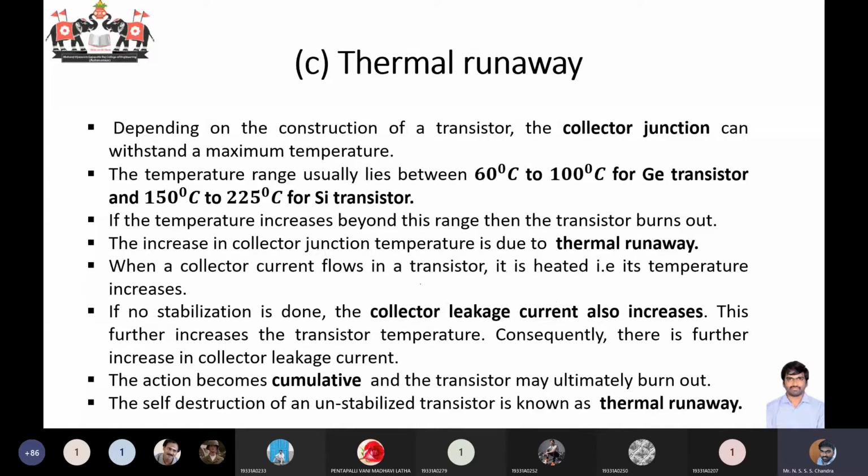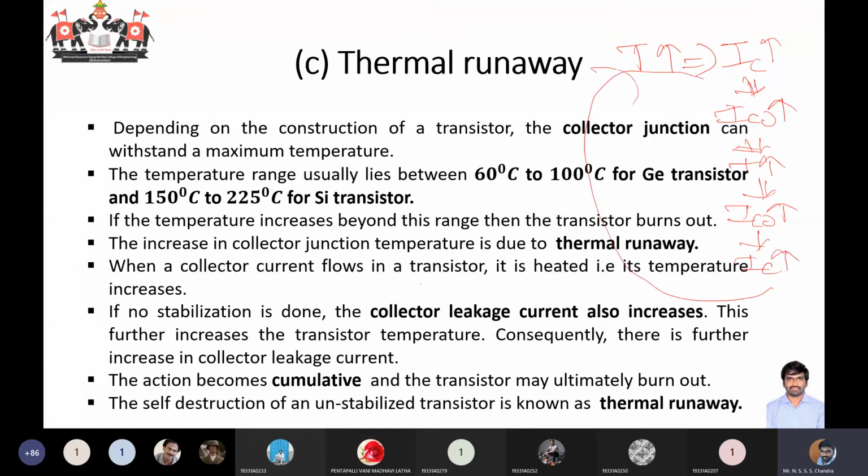First your temperature increases, resulting in an increase in IC value, and this will result in an increase in ICO value. Because your ICO value is increasing, again your temperature is increasing. Because your temperature is increasing, again your ICO value will increase. It will further increase the IC, and so on. This is a vicious cycle.